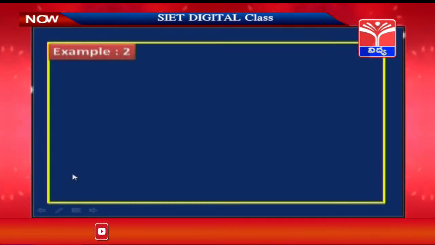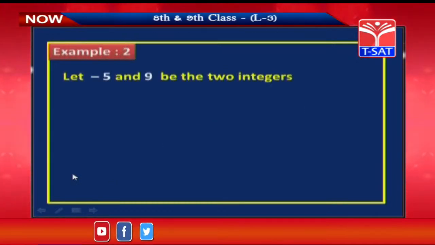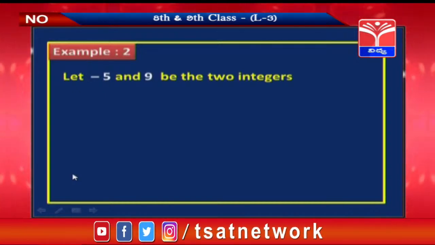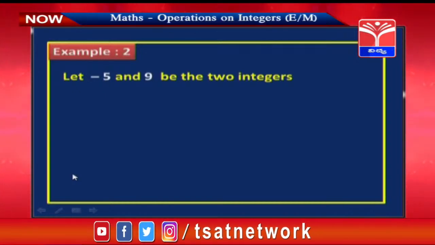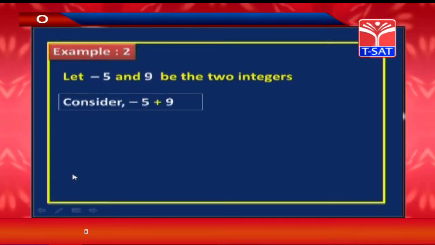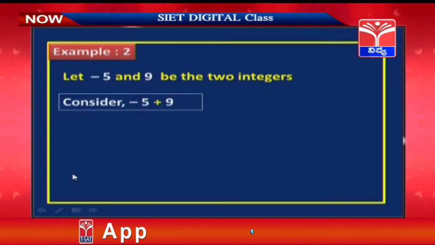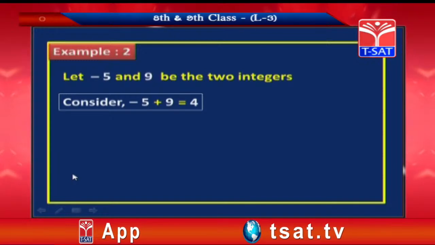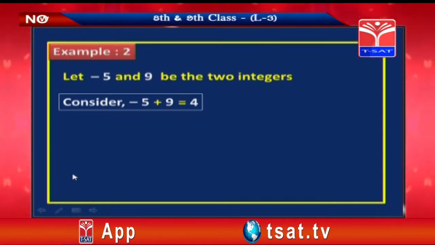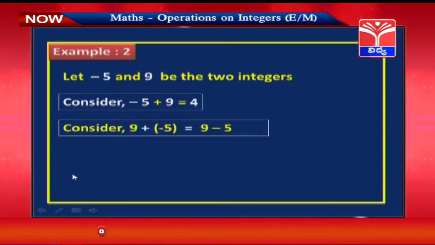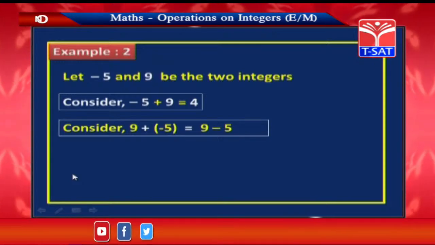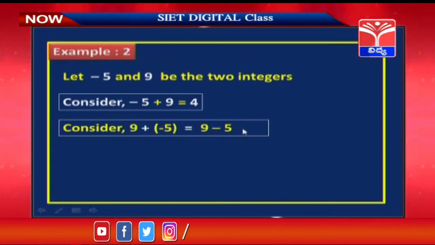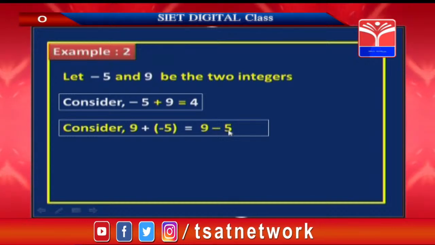Take a look at another example now. I will take a negative number and a positive number, minus 5 and 9, as the two integers. Now, let us add them, minus 5 plus 9, and adding these two you get plus 4. Now, let us add these two numbers in the other way, children, that is 9 plus minus 5. So, 9 plus minus 5 is nothing but 9 minus 5, plus into minus, I write it as minus.